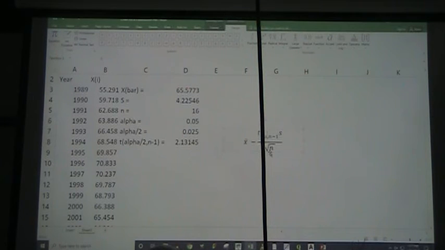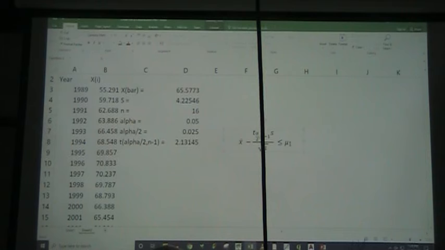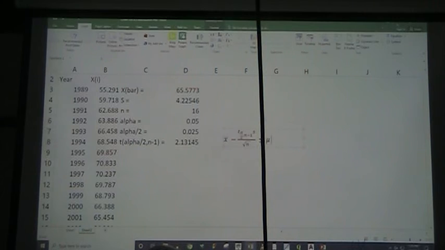All right, that's not what I wanted. All right, now you're making me mad here. I'm going to want mu, but then I'm going to want math symbols, and right in front of mu, I'm going to want less than or equal, and right after mu, I'm also going to want less than or equal.